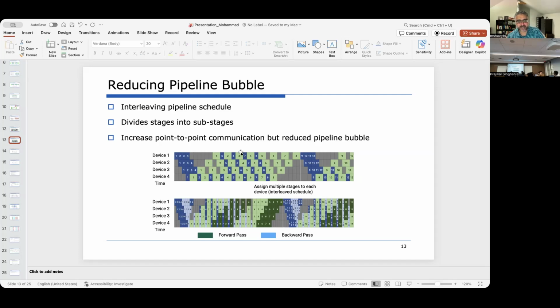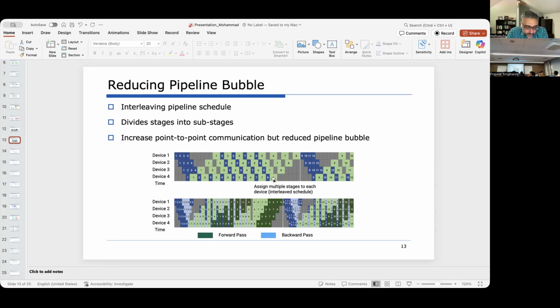Here, micro batches are 8, so the pipeline bubble is proportional to 1 over 8. If you have 4, then your pipeline bubble is 1 over 4, which is 25%. Basically, 25% of your time you're spending in the bubble. So when you increase the number of GPUs, you're decreasing the batch size per GPU, and as a result, you're decreasing the number of micro batches. So this increases the pipeline bubble.